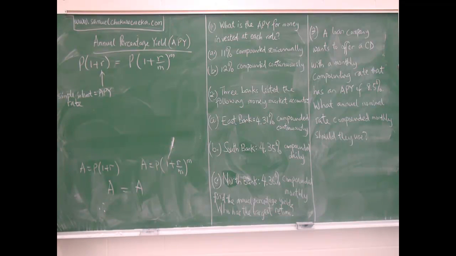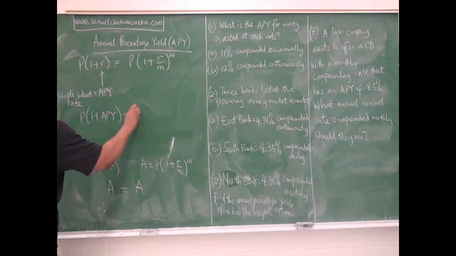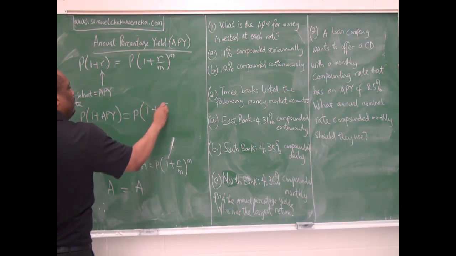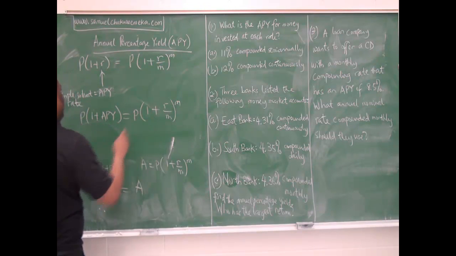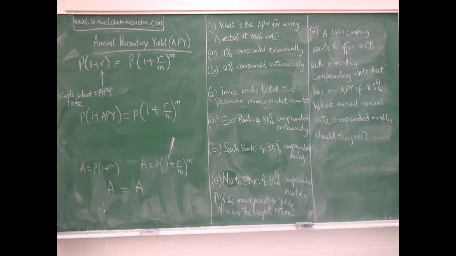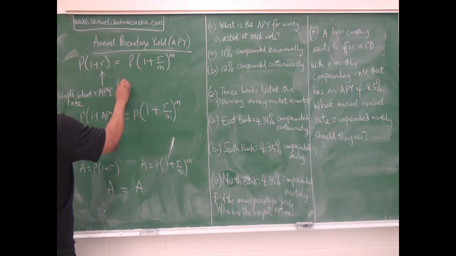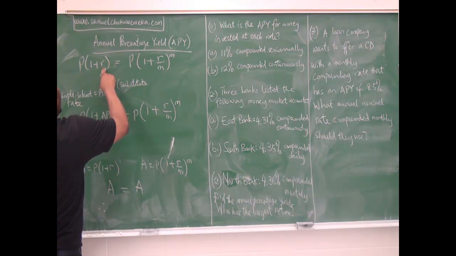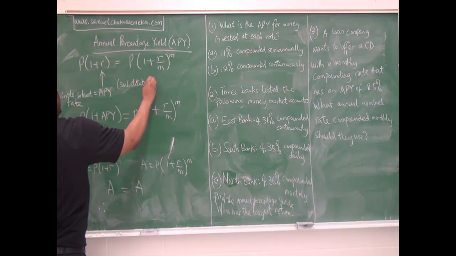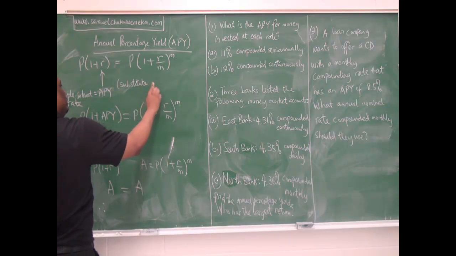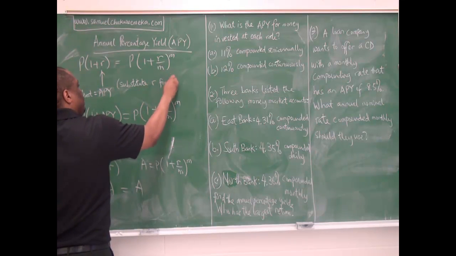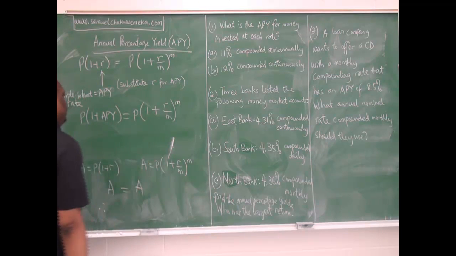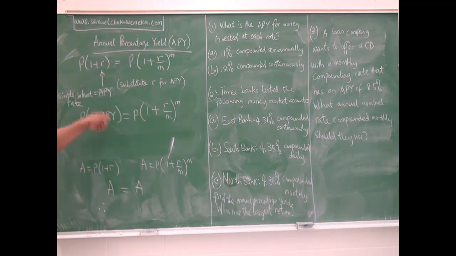So let's substitute. That means that P(1 + APY) is equal to P(1 + R/M)^M. So what we did here was substitute R for APY.